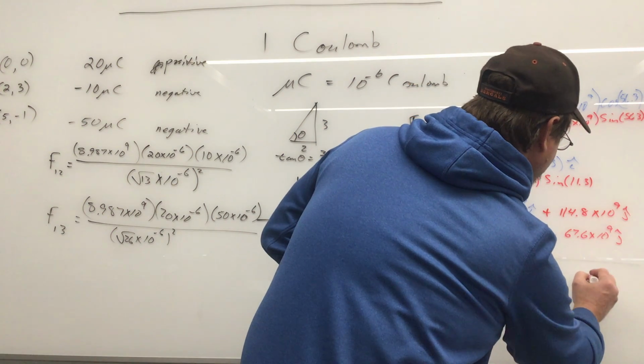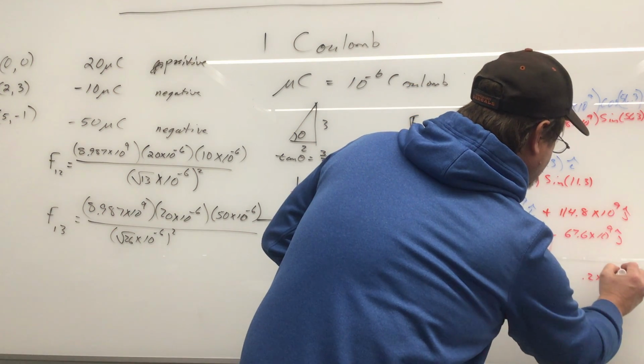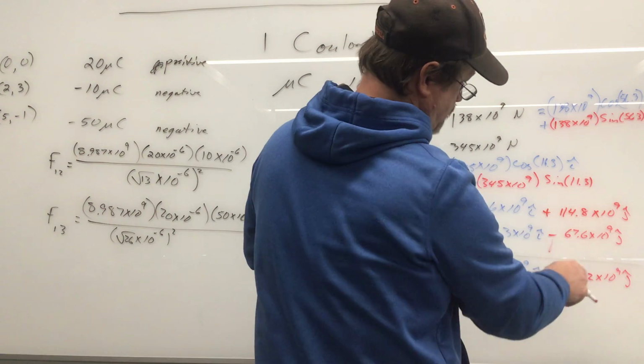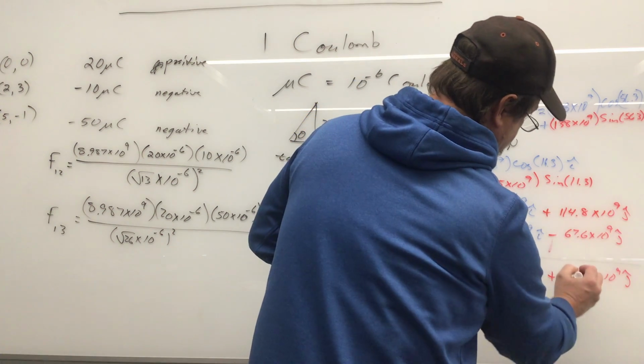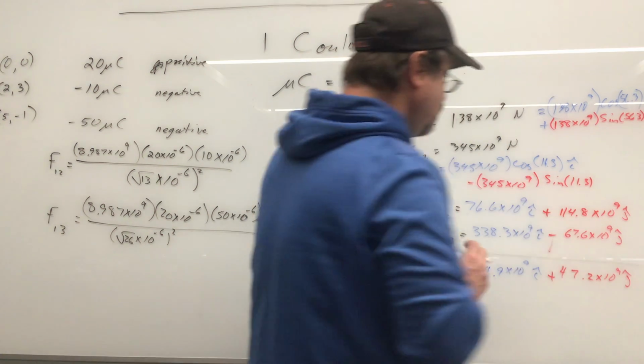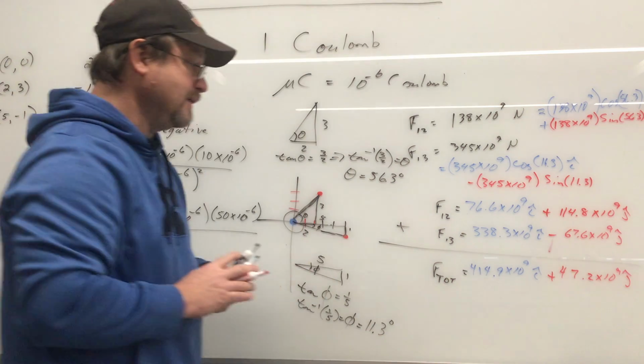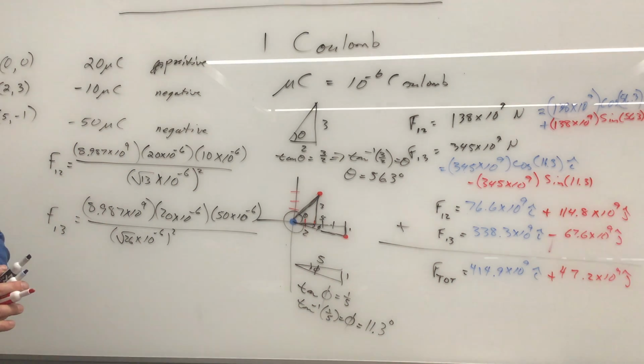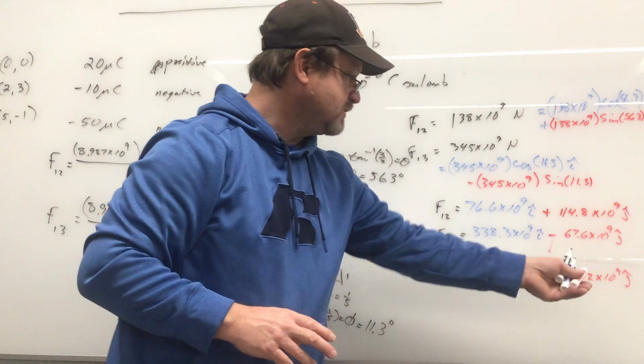And over here, it's like 47.2 times 10 to the 9 in the j hat direction. So that's my x component, that's my y component.